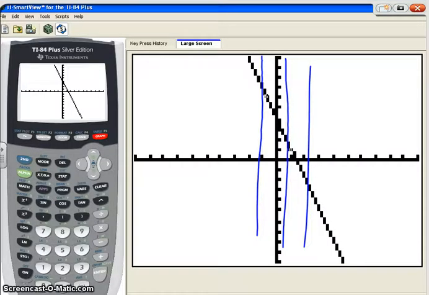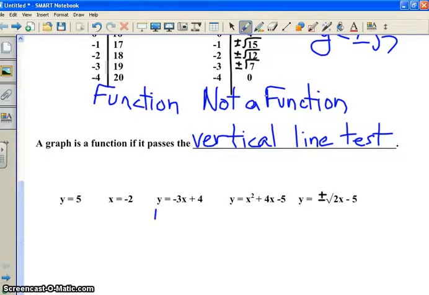So in this case, no matter where I draw my blue vertical lines, I only hit the graph once. If I go to x equals 4, I only get one y value out. It's like negative 8. So this line, y equals negative 3x plus 4, is a function. There's my abbreviation for function.